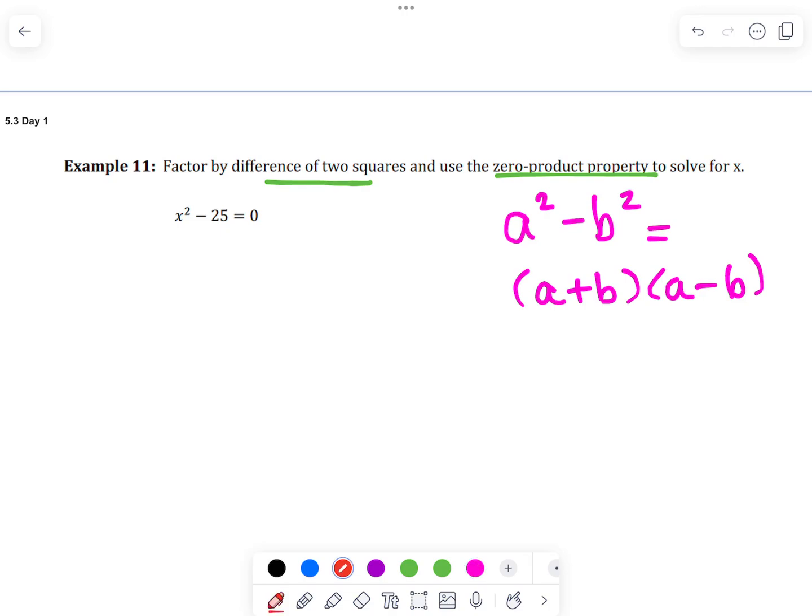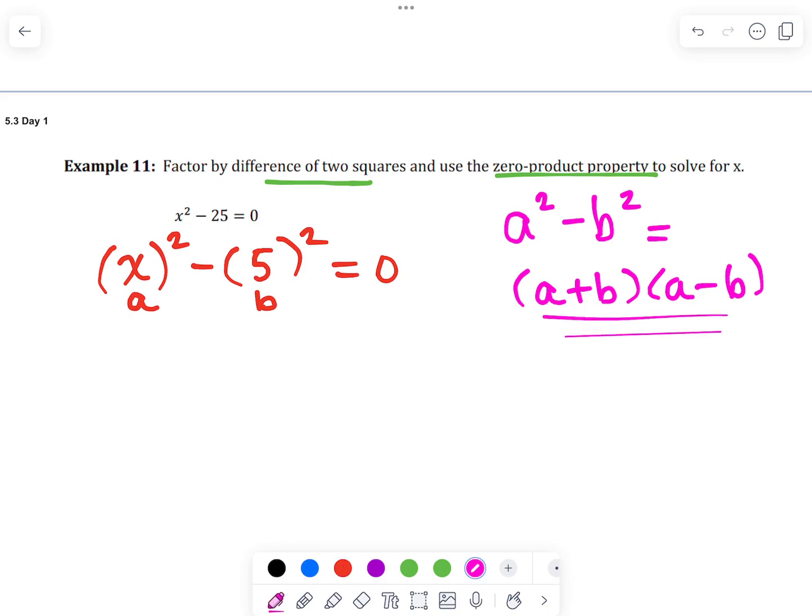So if we go back over to our equation, x times x is x squared. 5 times 5 is 25. So we have two perfect squares. So this is our a term and our b term, and now we're going to use our rule. So in factored form, it's going to be x plus 5, x minus 5.